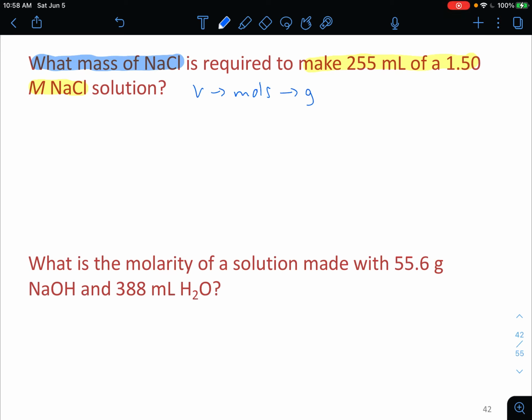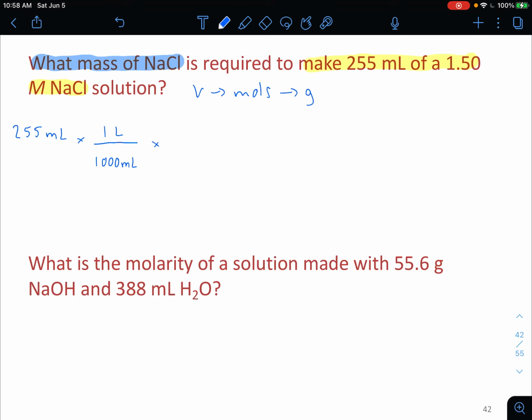All right, so I have 255 milliliters times 1 liter over 1,000 milliliters, and I'm just duplicating what I did in the above example. You can start with liters if you want to, but if I'm just following what we did there, that's our first step.